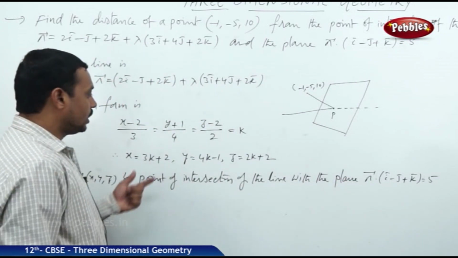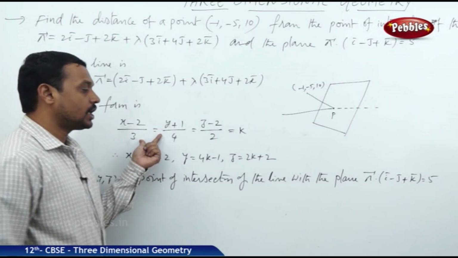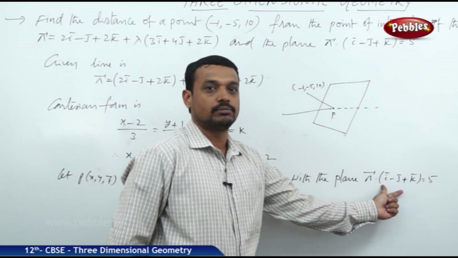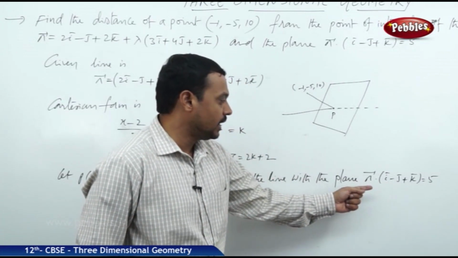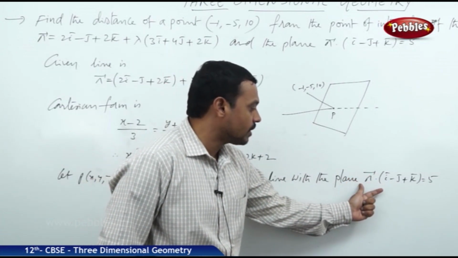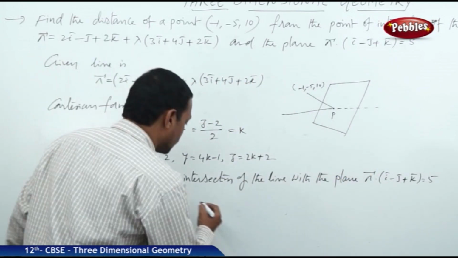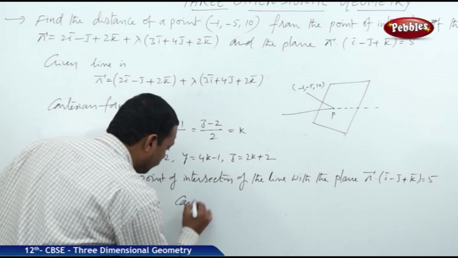You know, here the line equation is in Cartesian form and the plane equation is in vector form, so we try to make this vector equation of the plane into the Cartesian form.